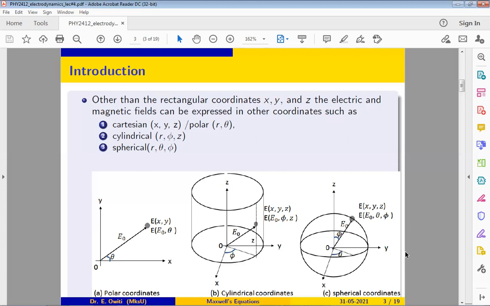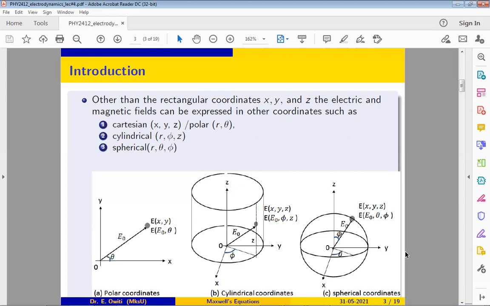So basically the Cartesian coordinate system uses the variables x, y, and z, and it is closely linked to what we call the polar coordinates, that is r and theta. So you can convert between Cartesian and polar. Polar is very close to Cartesian.